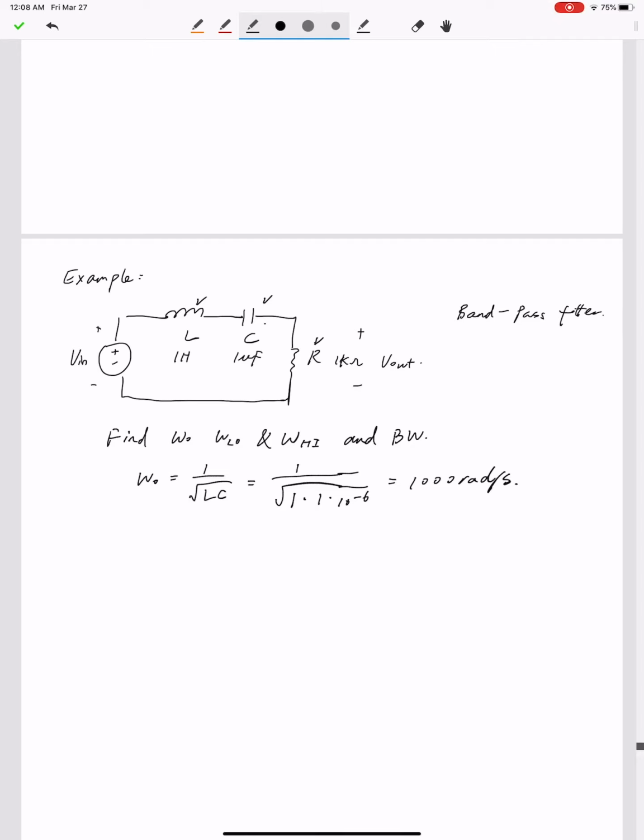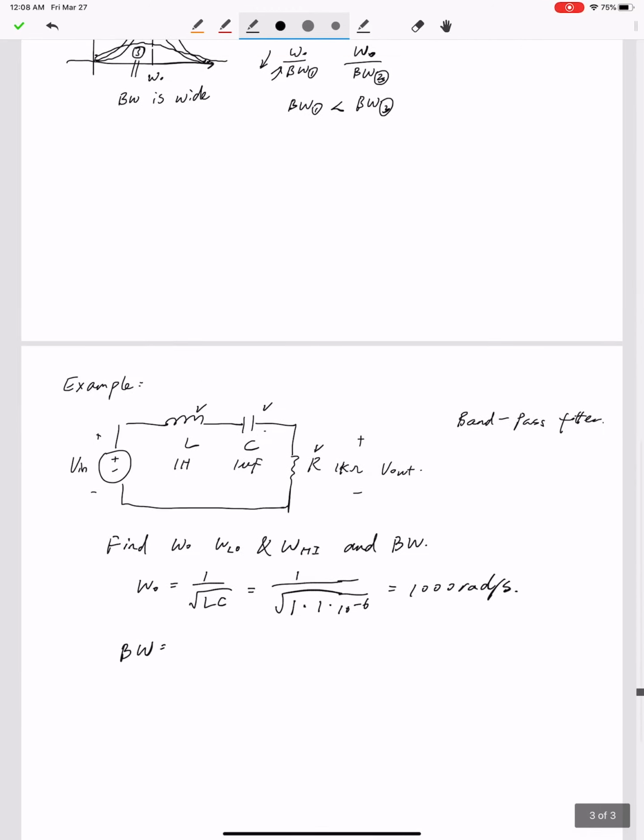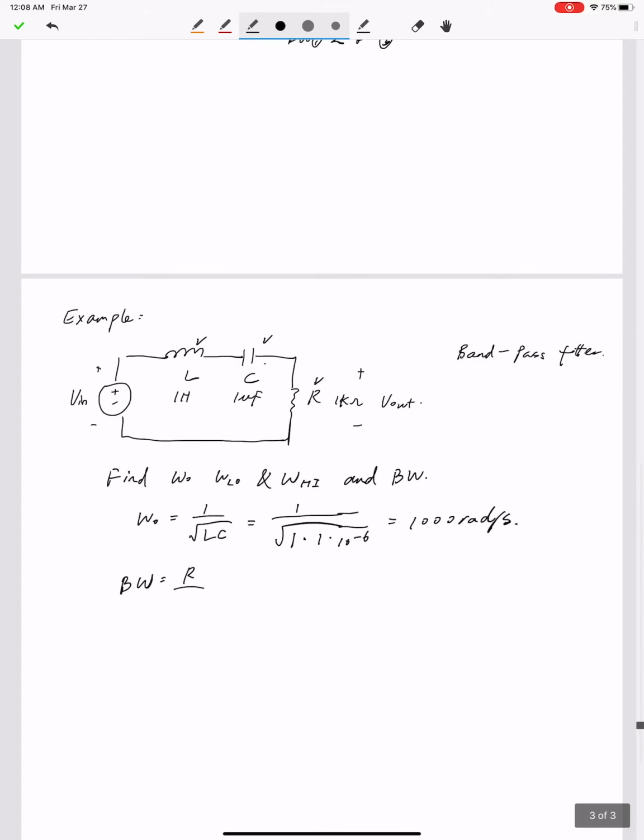Okay. Right, after we have central frequency, we can calculate the bandwidth. Bandwidth equals R over L, right? And that equals 1 kilo ohms, that is 1 times 10 to the power of 3 ohms, divided by 1 Henry, which equals 1000 radian per second.